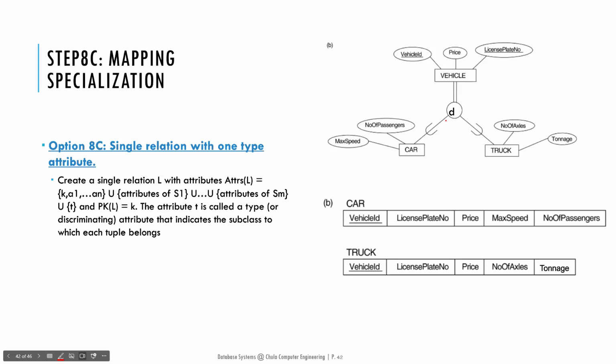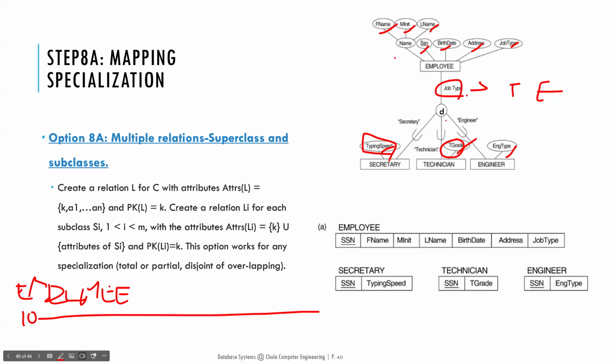Now, instead of doing this, if you do it the other way around, for example, in 8A here, you don't have null value, right? Because for this particular one, the differences would be this.